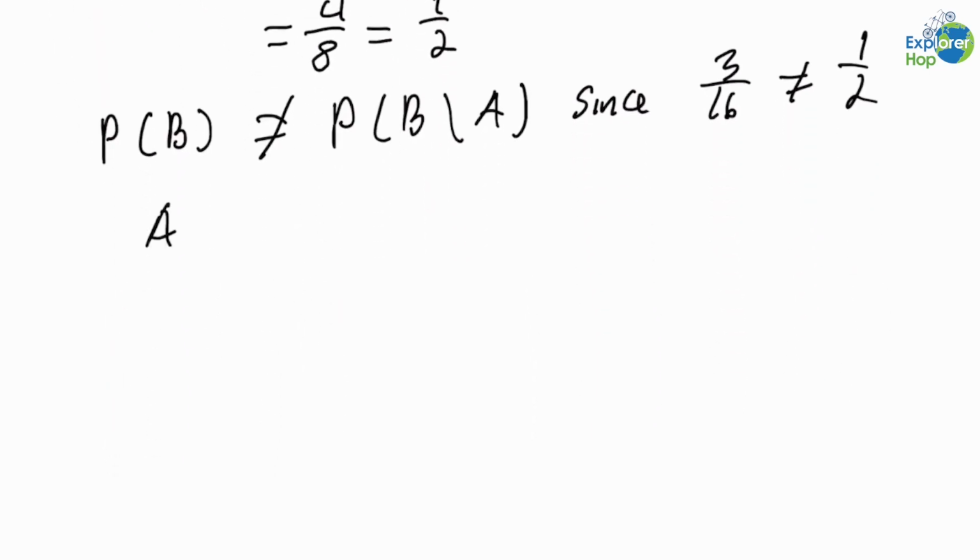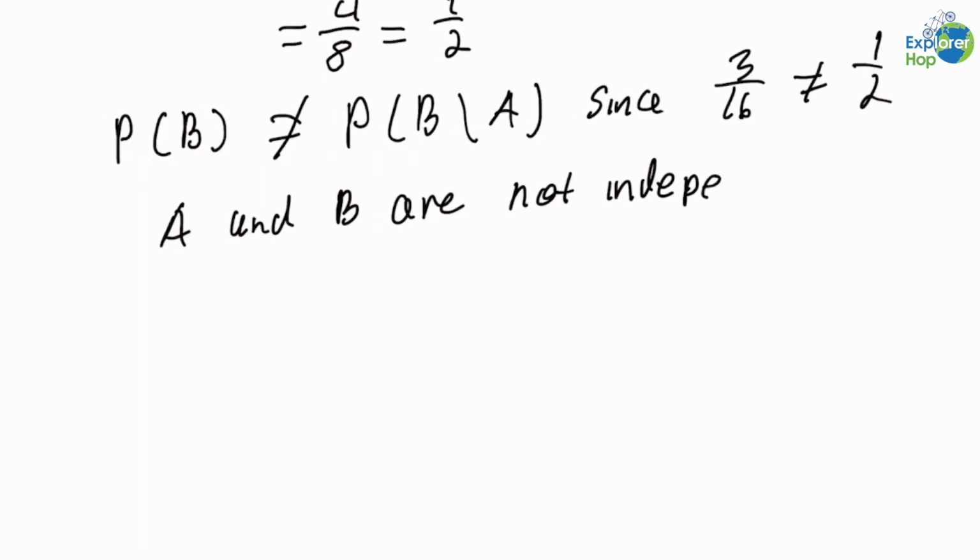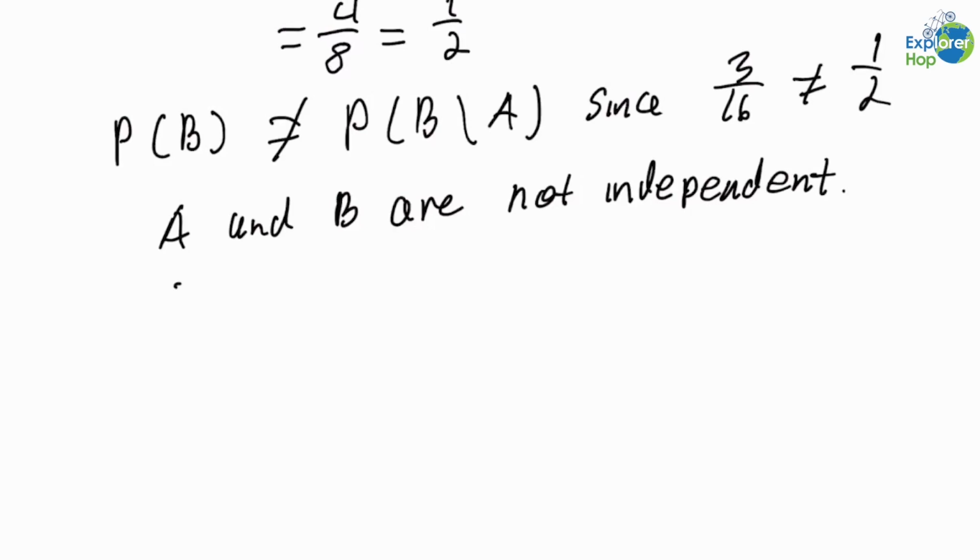So events A and B are not independent, which means that they are dependent. So events A and B are dependent.